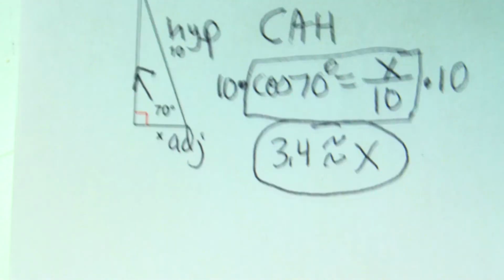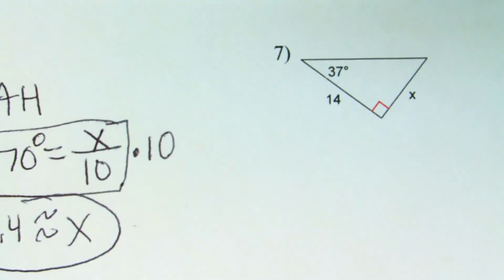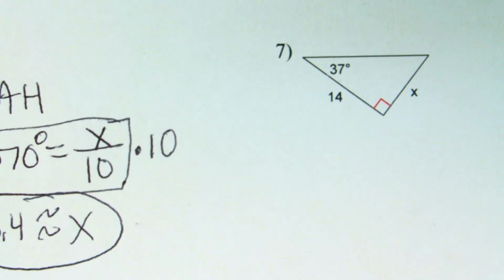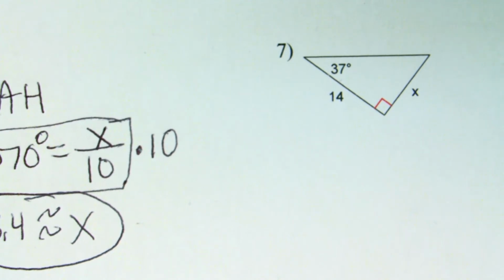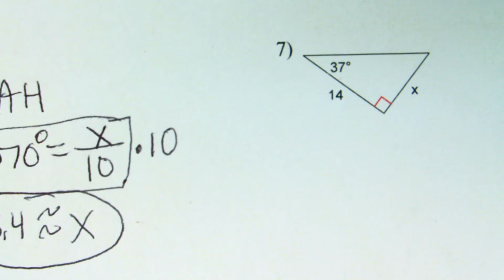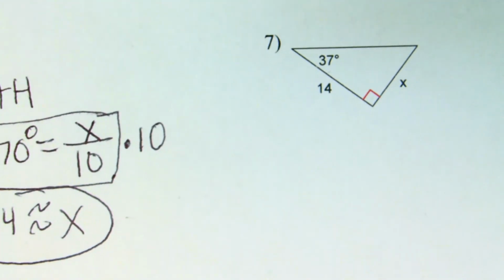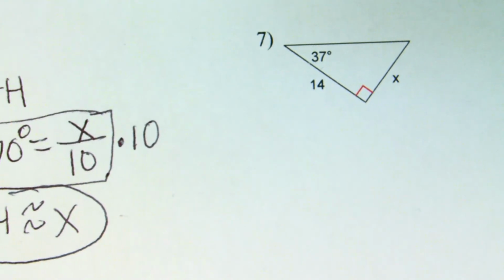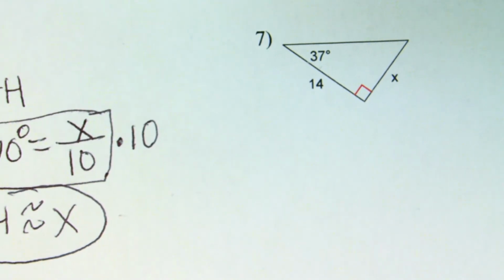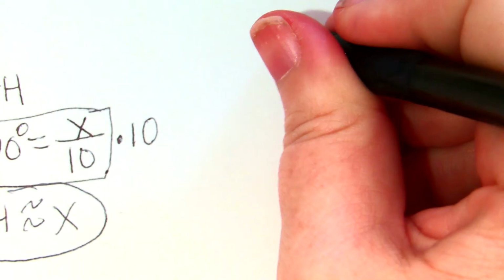And then the last one, label the sides and decide if it's sine, cosine, or tangent. It's the 37 degrees we're talking about.